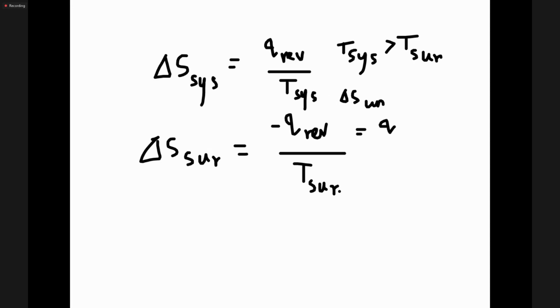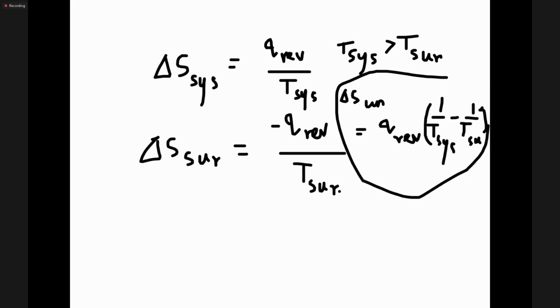If we take Q reversible common, we'll have 1 by T system minus 1 by T surroundings. So now we have got the equation that delta S universe is equal to Q reversible times 1 by T system minus 1 by T surroundings.